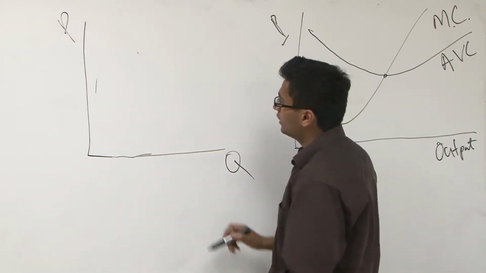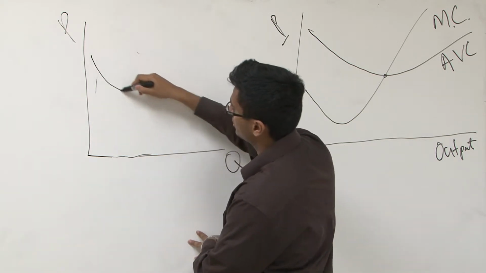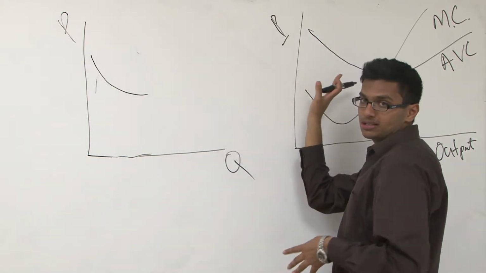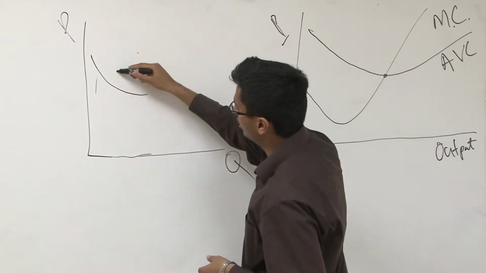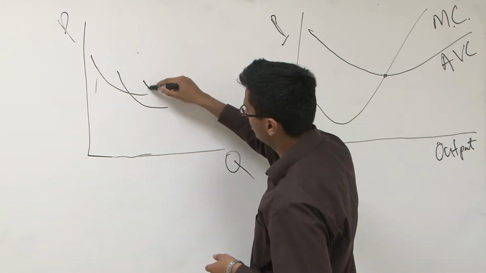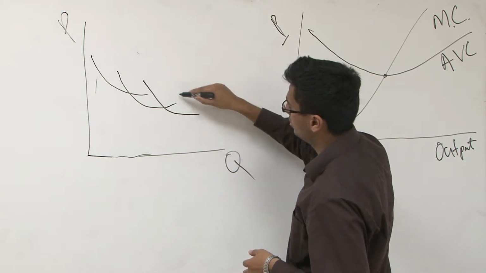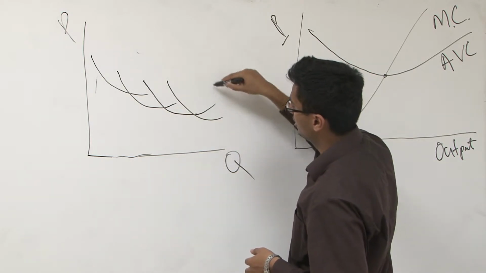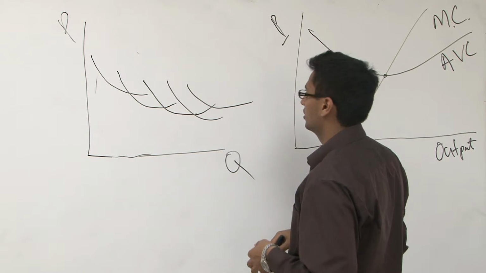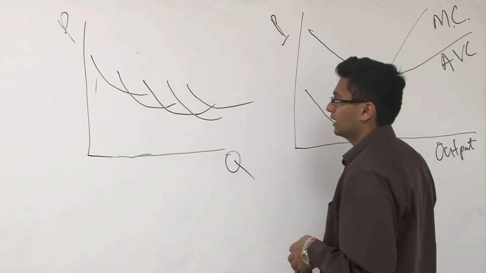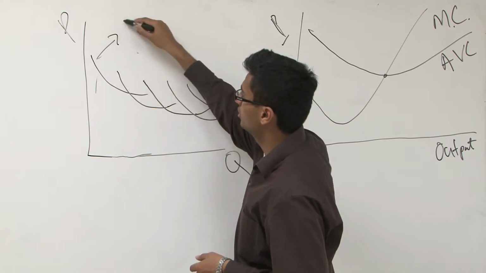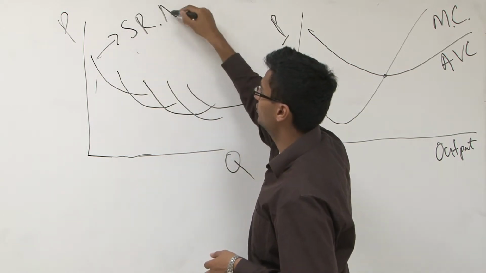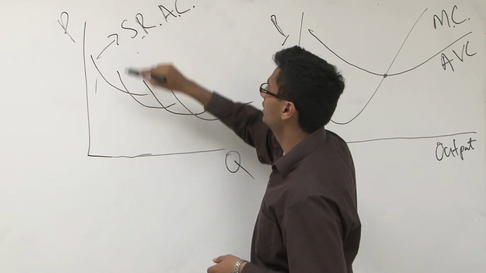And your short run average costs look like this. It's kind of like the average variable cost that I have on my right side, but put together, and it works like this. And I'll tell you why the shape works in that manner. So this will be short run average cost 1. These are all your short run average costs.